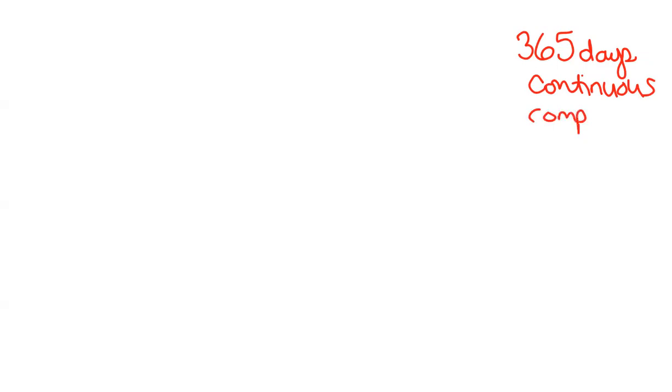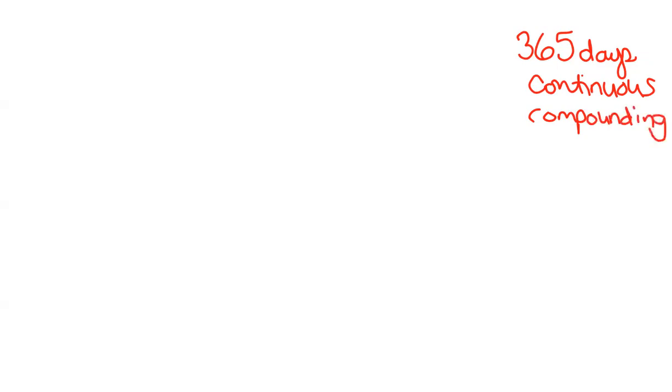Now, unlike in the last video where we used the number of days in the year as 360, for continuous compounding, we use 365 days. But the problem reminds us of this, so that's nice of them.